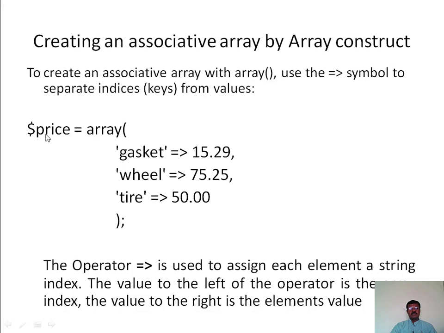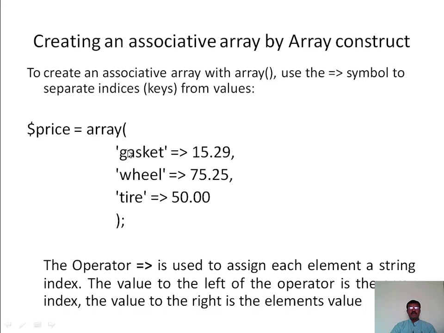Price is an array variable. This array is being created by using an array construct followed by a parenthesis. Within the parenthesis, there will be key and value pairs. These key and value pairs are separated by this symbol, that is equal sign followed by greater than symbol.